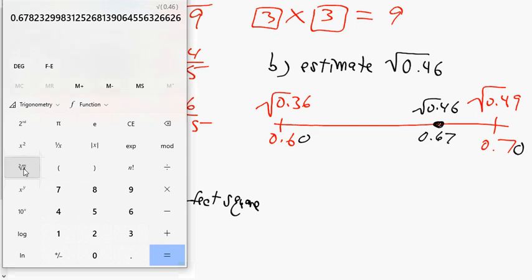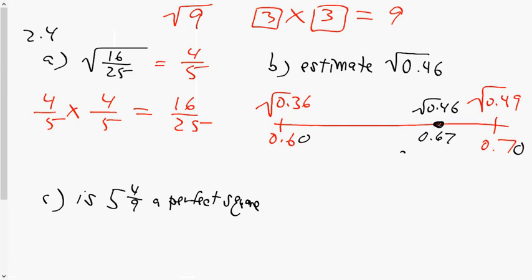So close. 0.68. That was close. The actual calculation is closer to 0.68. But again, we did that without a calculator, and we used a number line to help us approximate the square root of 0.46.